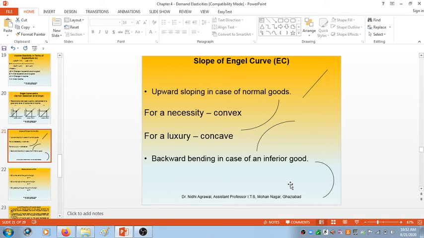Because in the case of inferior goods, we reduce their consumption as our income increases, because we prefer better quality products. So we sacrifice the previously used commodities and replace them with better quality products. The goods that we have rejected after an increase in our income are known as inferior goods.